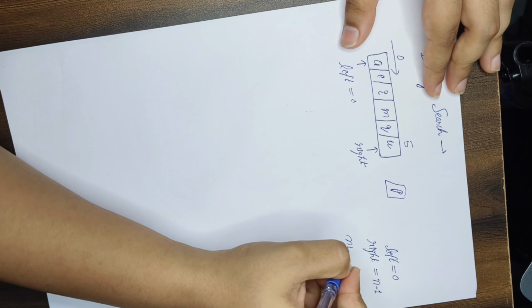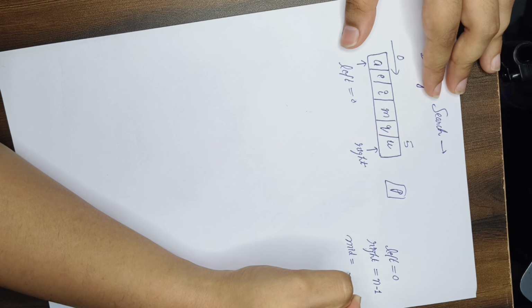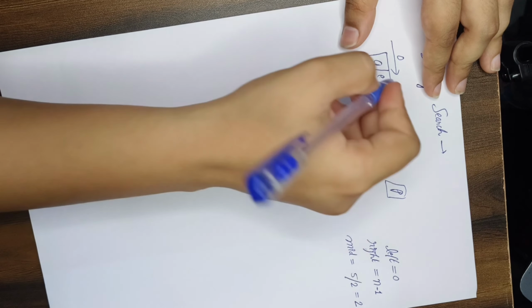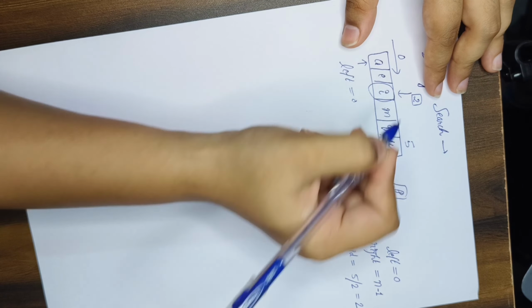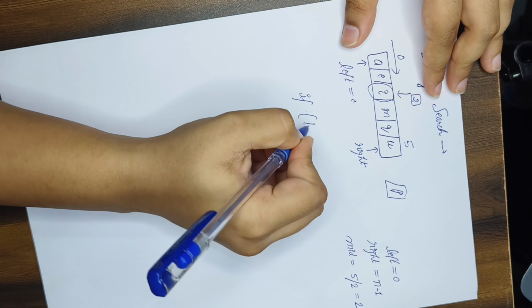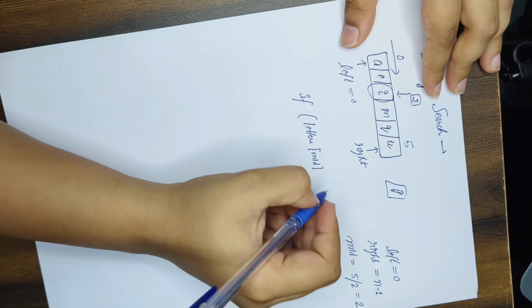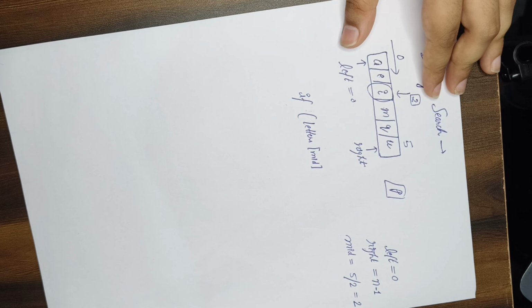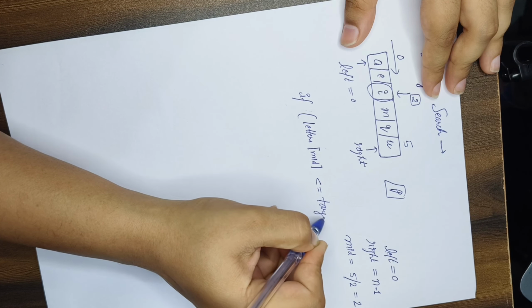If we find the mid element, left plus right by 2, so 5 by 2 it will be 2. Here check if letters of mid is less than or equal to target.